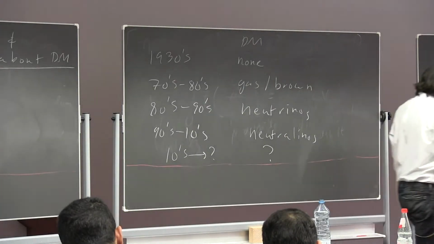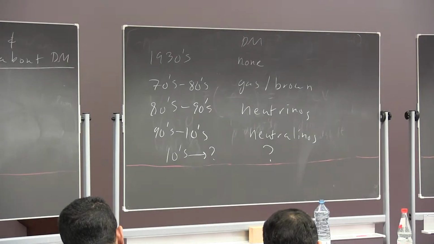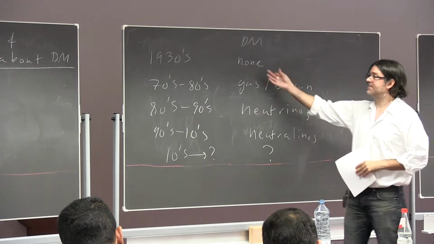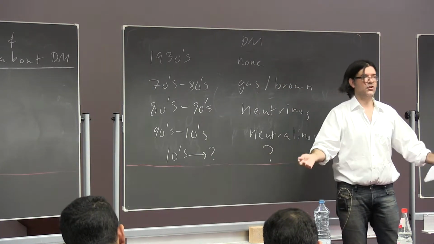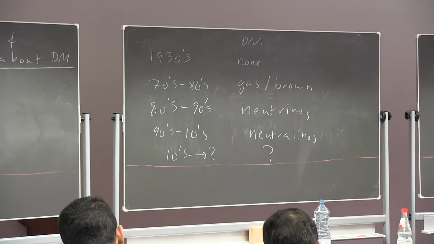Of course, when we started talking about dark matter, there was no dark matter. Prior to the 30s, nobody needed to talk about dark matter. I'm sure if you went back and talked to people, they would have told you that they believed, of course, that not all matter was luminous and that there should be forms of matter that were not shining. So that would not have surprised them.